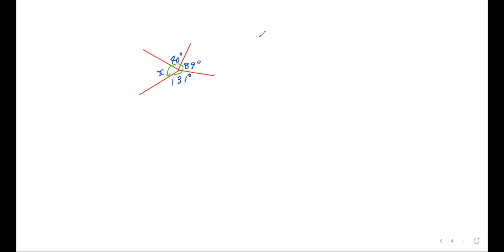So we say angle X plus 40 degrees plus 89 degrees plus 131 is equal to 360 degrees. You must put a reason. The reason is that they form a revolution.